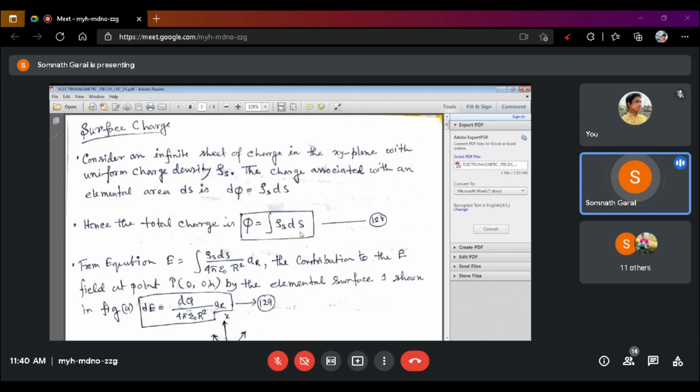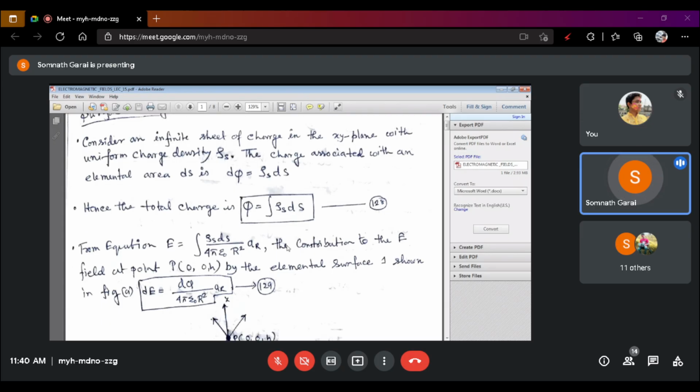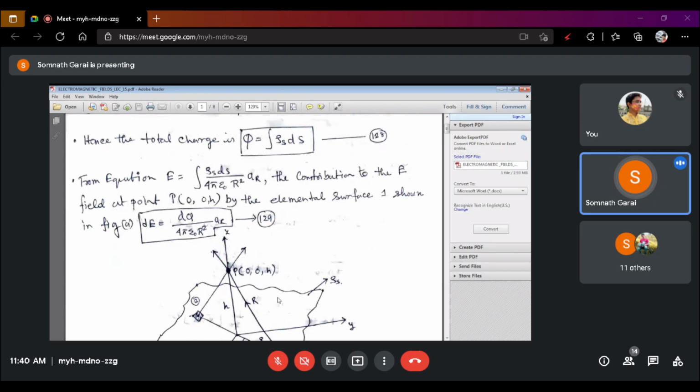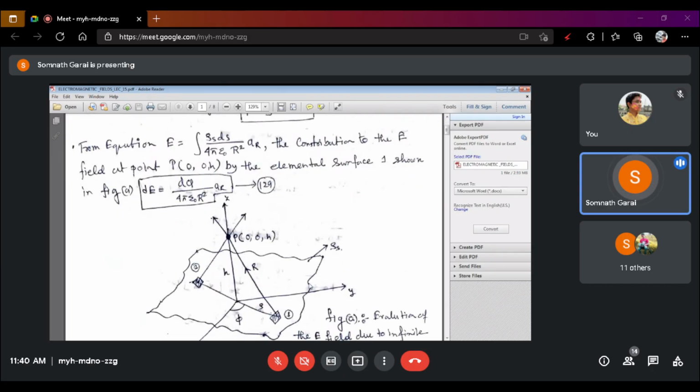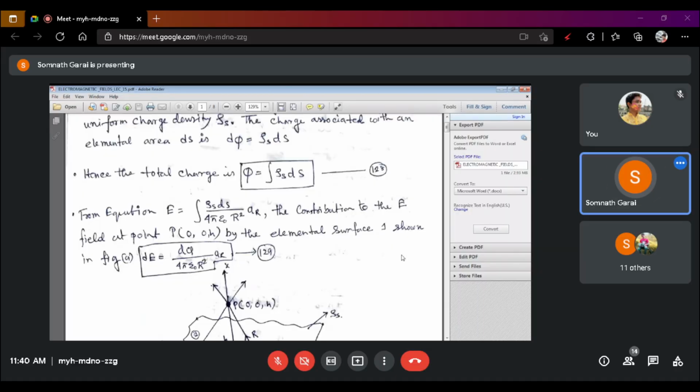So the total charge of the area that is given by capital Q is equals to integration over rho s ds. Right? Now if we put the value of x and y, upper limit to lower limit, then we calculate the exact numerical value of the charge. Right? Now, but we have to calculate the electric field intensity of the point P with respect to this infinite sheet of charges, right?